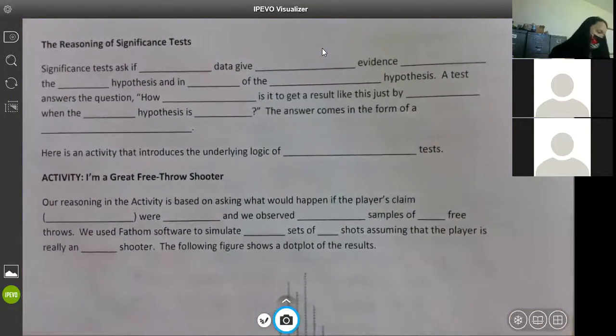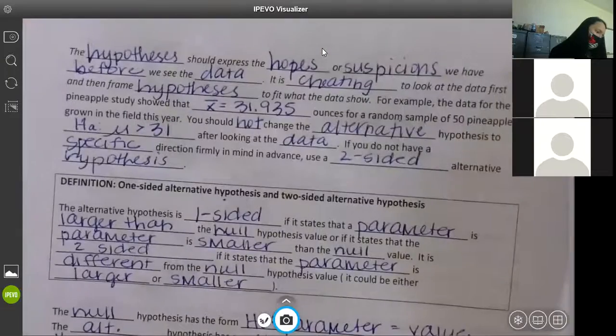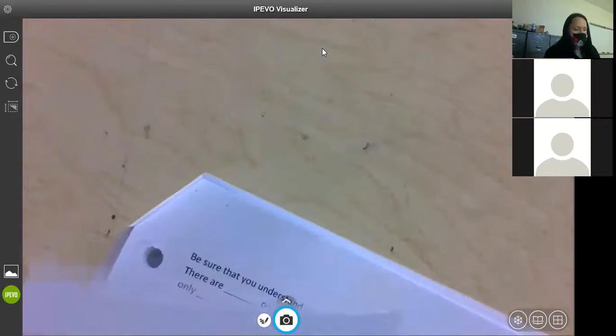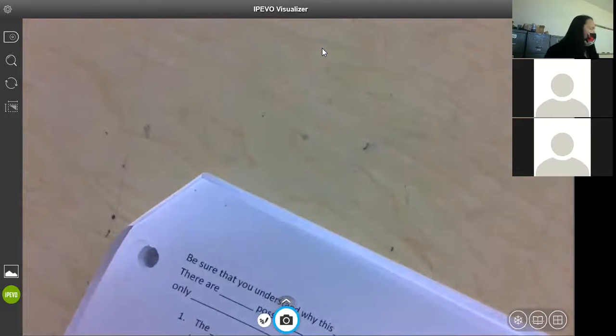Significance test. Ooh. I have a weird page here. Hold on, it's really weird. Give me just a second. I think it ate the pages wrong. Let me make sure we're going in order, okay? Sorry, y'all.